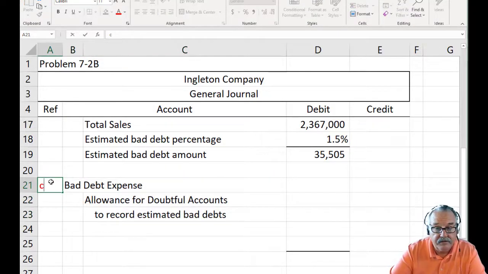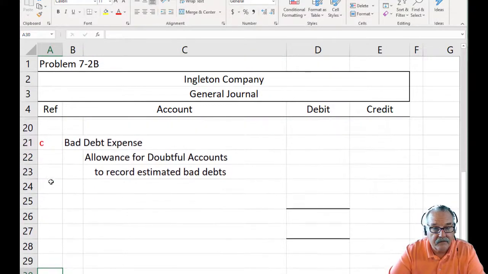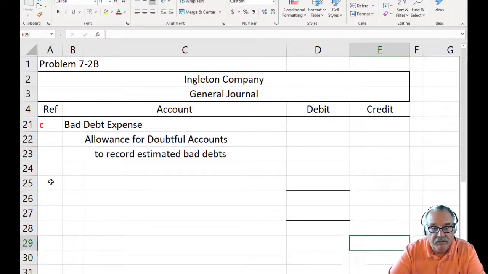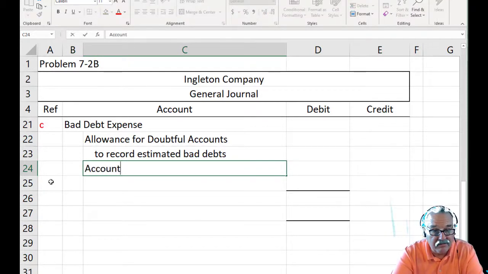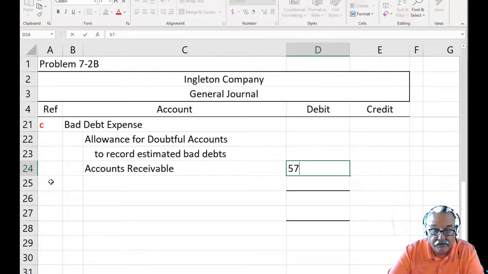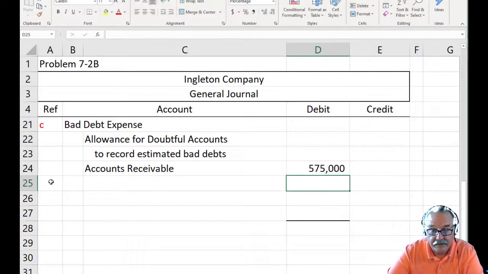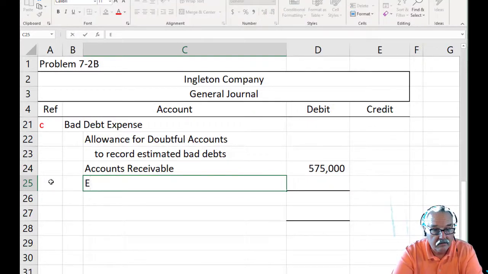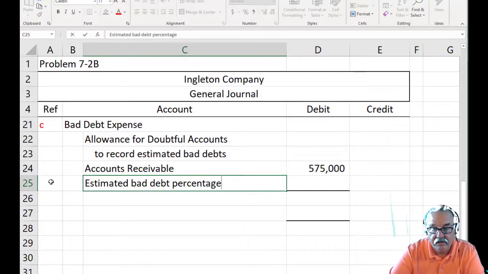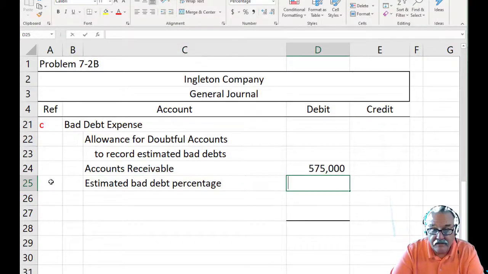This is scenario C. But this time it's going to be based on accounts receivable. Accounts receivable at the end of the period, and this is a balance sheet approach, is 575,000, and our estimated bad debt percent based on receivables is 6%.